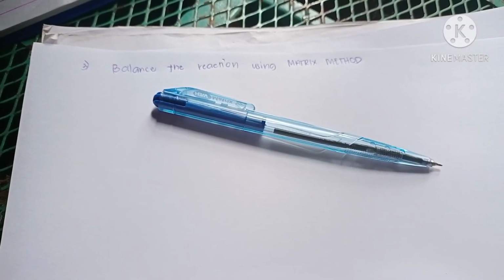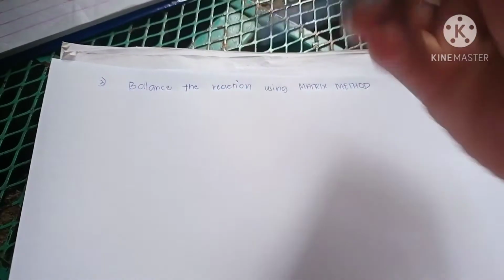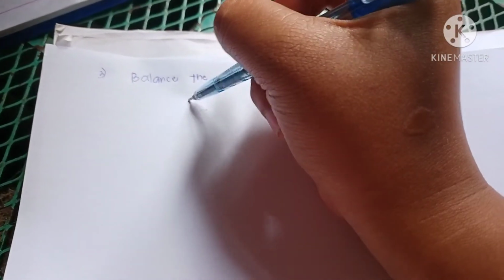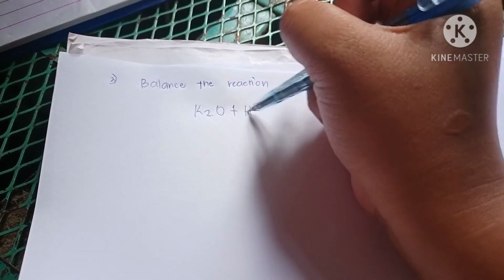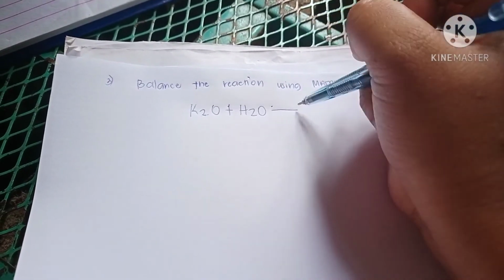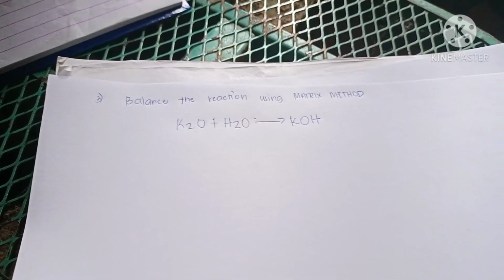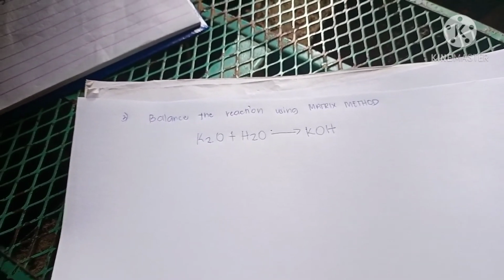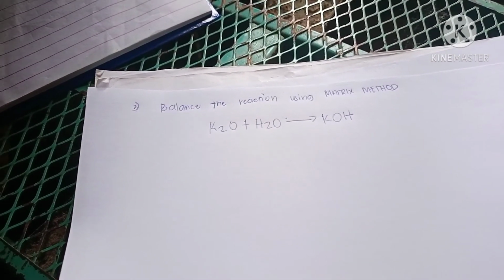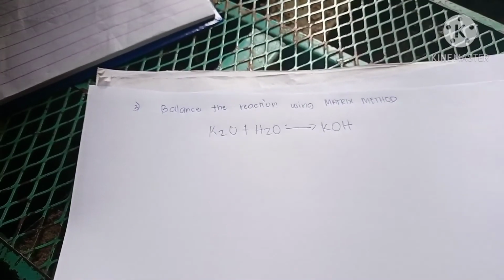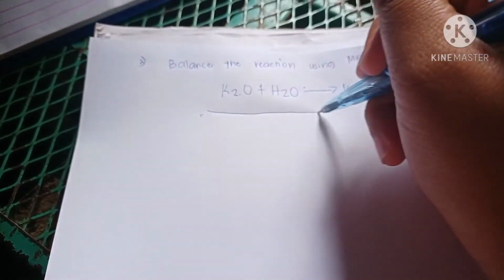So next is we need to balance the reaction using matrix method. So since diba ang atong equation is K2O plus H2O yields to KOH. So first thing nga atong buhaton is to draw a table so that sayon ra kayo nato siya pag-calculate sa number of atoms nga naa sila. So mag-drawing ta og table.